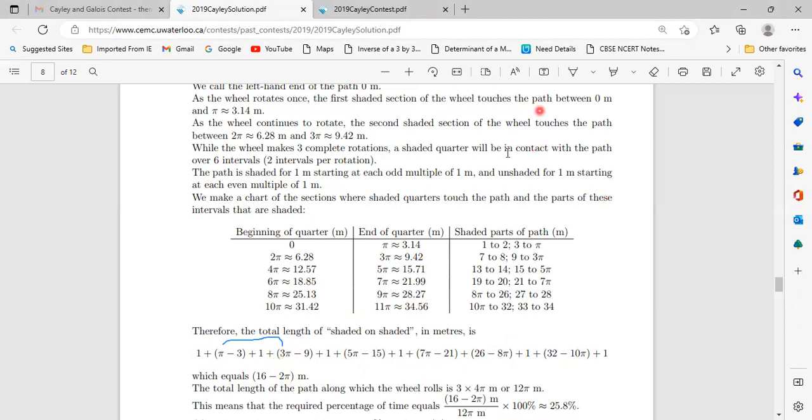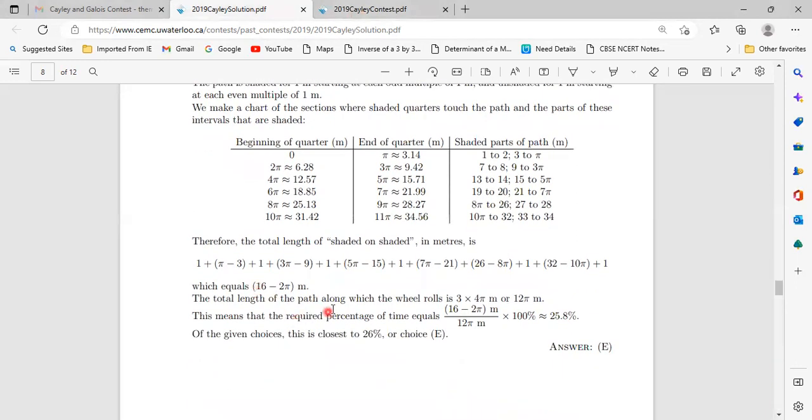All right. So the total length of the path along which the wheel rolls is 3 times 4 pi meter, or 12 pi meter, because we are finding it for the 3 complete revolutions. That is why it is 3 times 4 pi meter, or 12 pi meter, because we're going to find the percentage of the time.